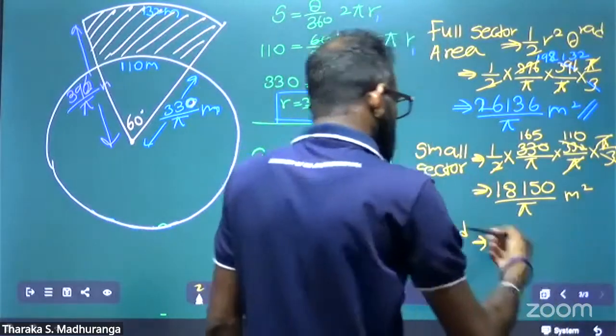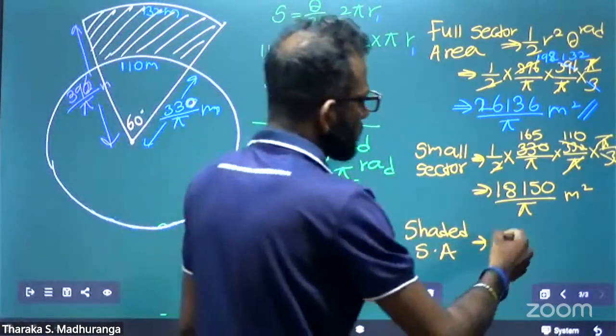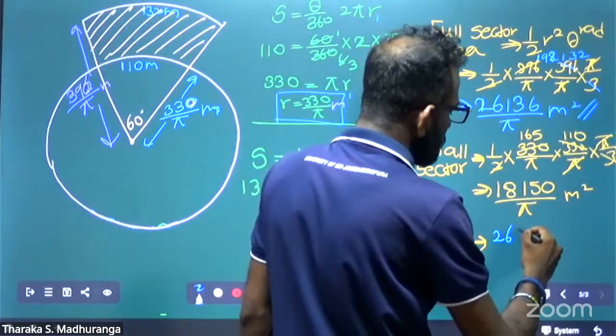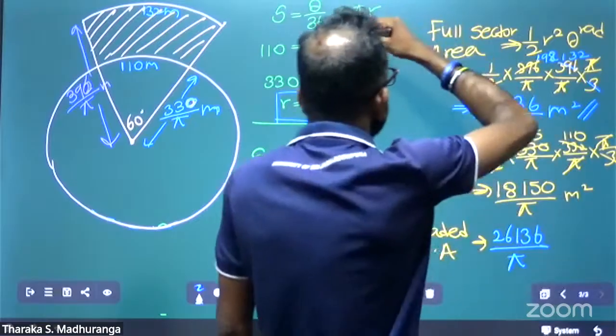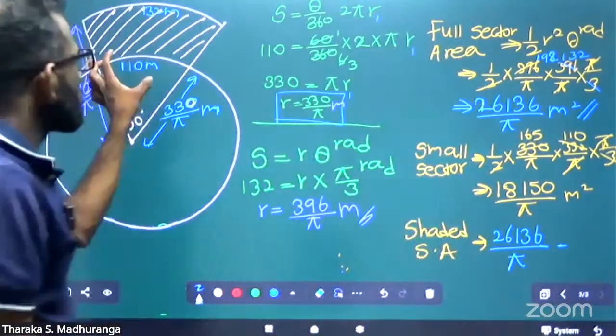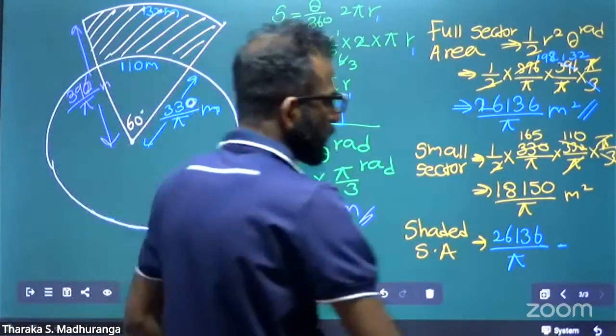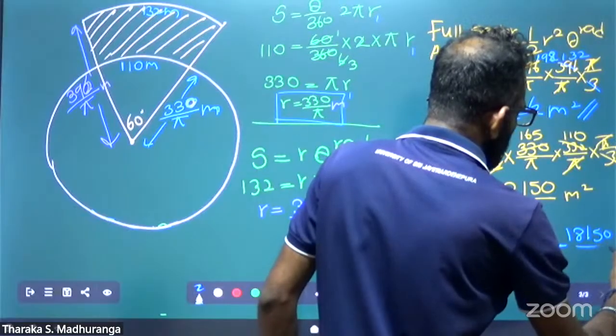Okay, now how do we get the shaded surface area? 26,136 over 5 is the full sector area. Then subtract the unshaded small sector area, 18,150 over 5.